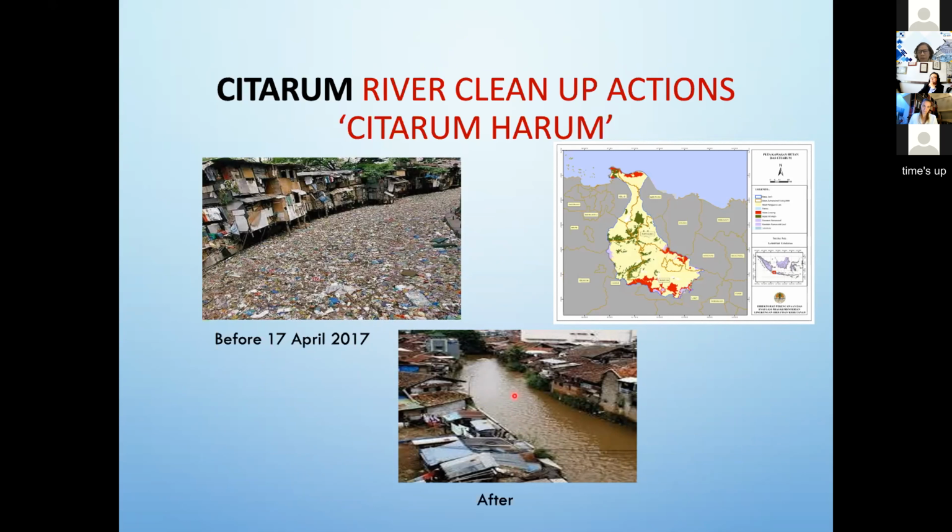This Citarum watershed covers about 26 million people, because it is located in West Java and runs along more than 100 kilometers.